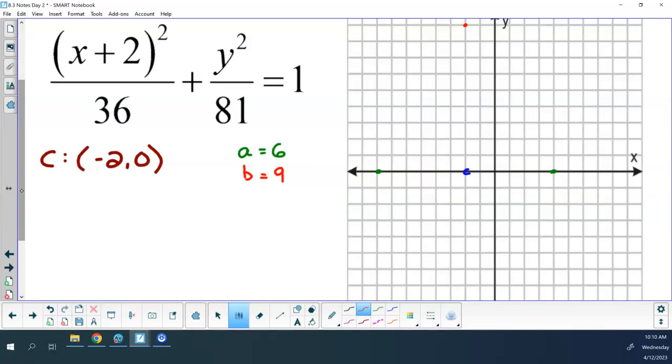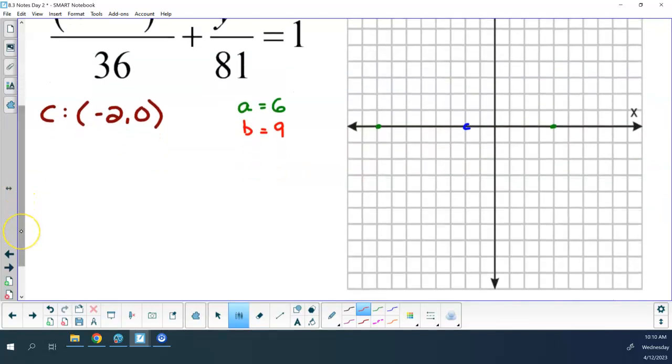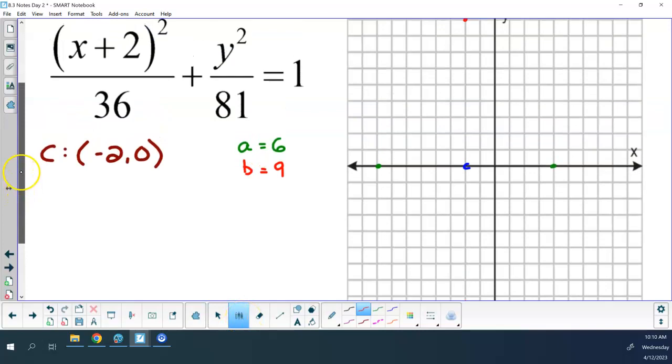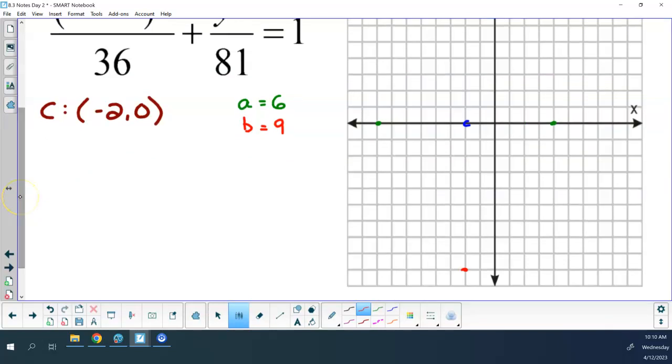Oh man, I gotta go even farther down. Oh man, I gotta shrink my graph. Well, we'll fix it now. We'll be able to do it. We'll be fine. Okay, so now I can do what? Step 4 says, draw it in.